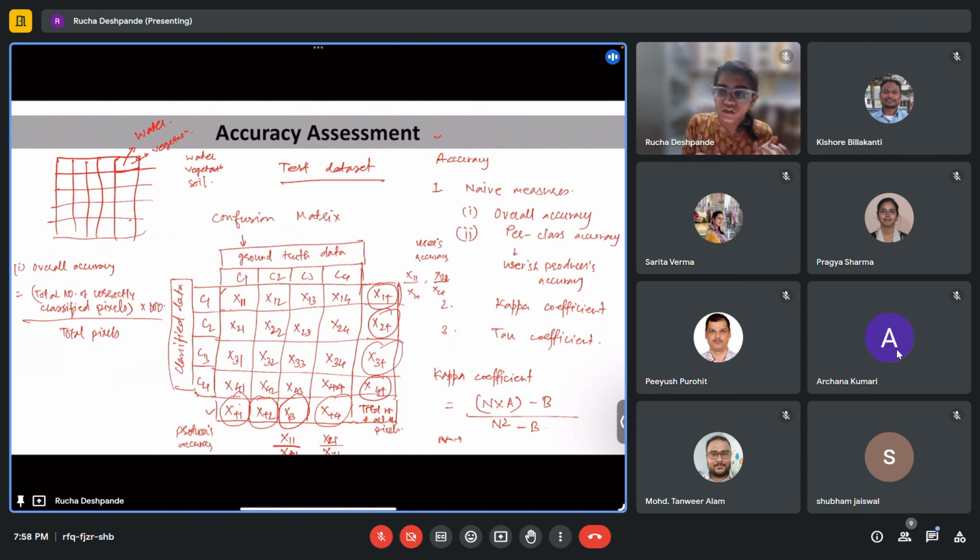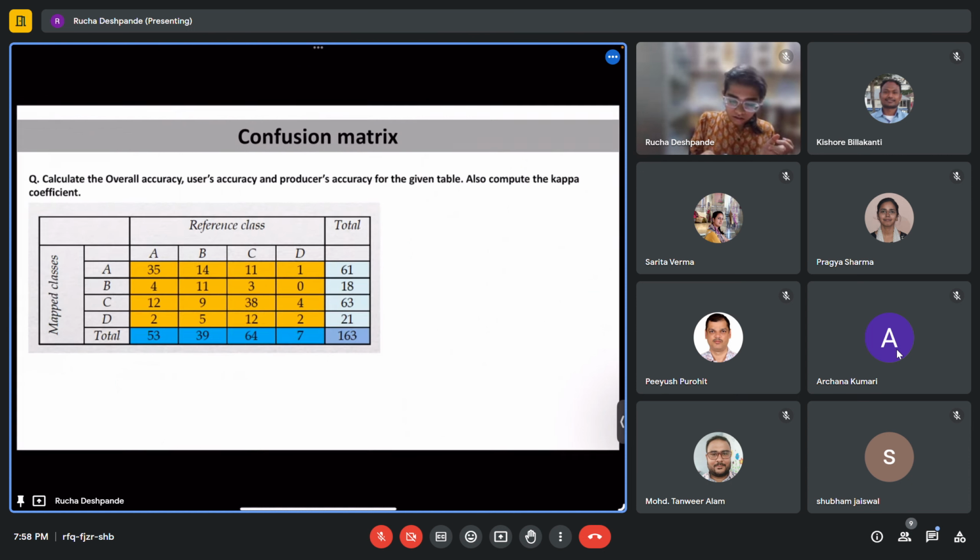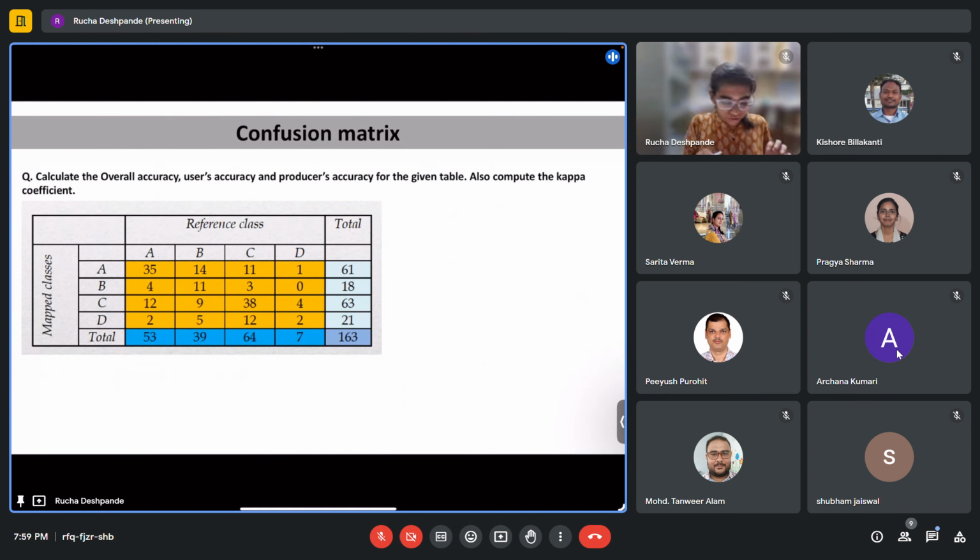We'll do a numerical on this, and then it will be more clear. Try to calculate the overall accuracy, user's accuracy, and producer's accuracy for this given table, and also compute the kappa coefficient. This would be the last problem for today.